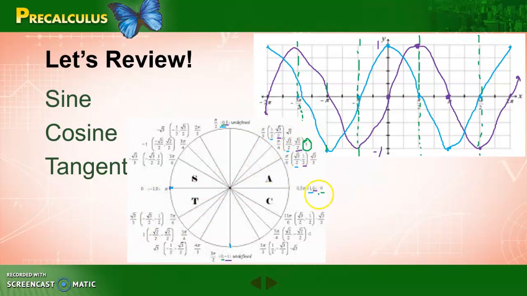At 0 and at pi, there is our place where it crosses the axis. And then we've got 1 and -1 at pi over 4, so here, and -1 down here. And so it's going to look like this.